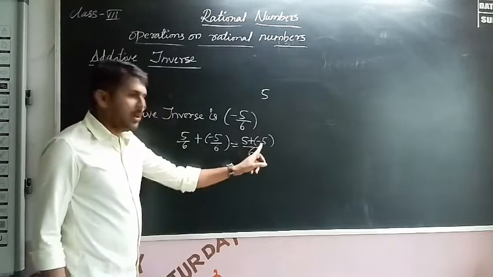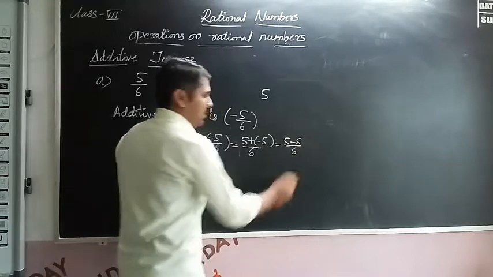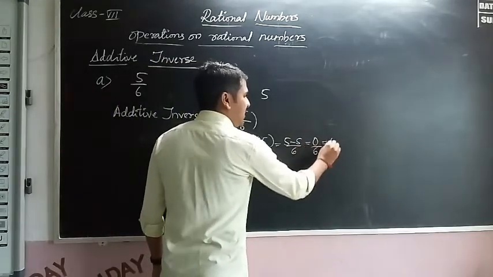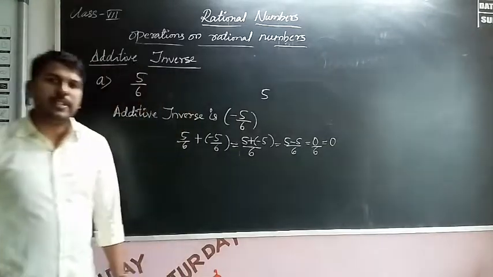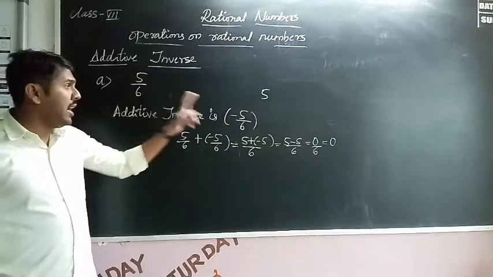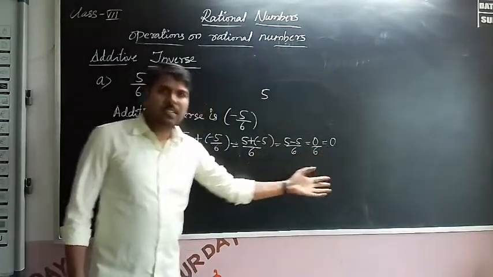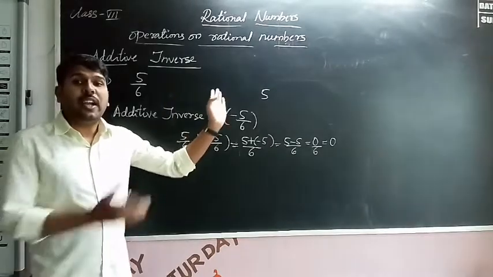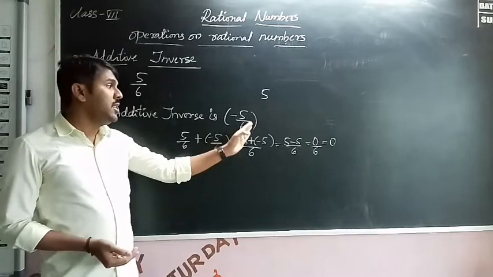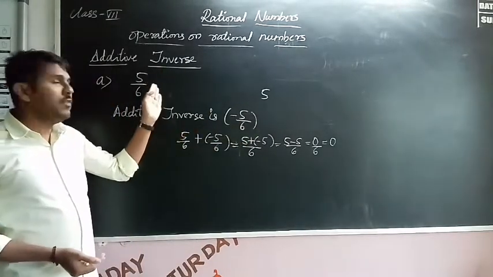Plus into minus is minus. 5 minus 5 is 0. 0 by 6 is 0 only. So if you add two rational numbers and the result is 0, that means the two rational numbers are additive inverses of each other. 5 by 6 is the additive inverse of minus 5 by 6, or minus 5 by 6 is the additive inverse of 5 by 6.